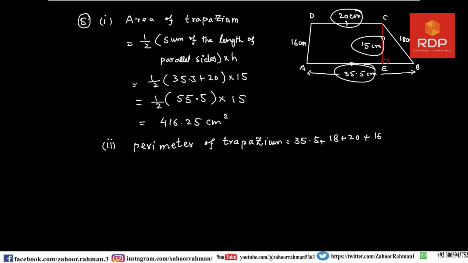That is why, ladies and gentlemen, I told you that there is no specific formula, but you have to give a thought to it and add the external lines. When we add all these values, we will get 89.5 centimeter. So in this case we found the area of the trapezium as well as the perimeter of the trapezium.